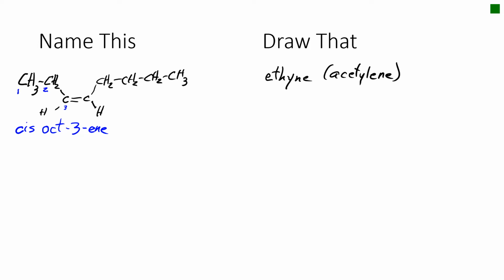And for those of you wanting to do a line structure of this, we would have our 8 carbons, and we'd have to have a double bond. Ooh, didn't do that right.